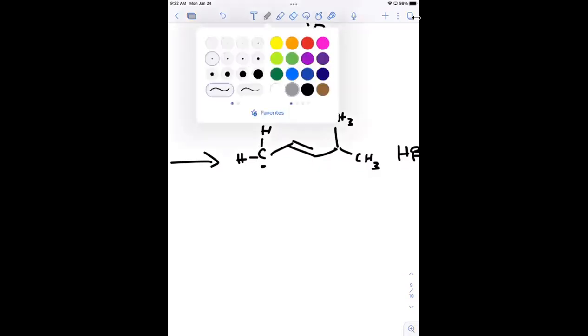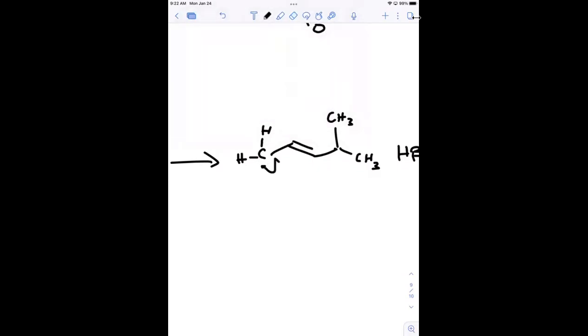So this is going to come here. That's going to put my pi bond right there, because those 2 electrons coming together between those 2 carbons will put the pi bond there. And then this last electron in the pi bond is going here, right? So this carbon is going to receive that 1 electron, and these 2 carbons are where the new pi bond ends up.